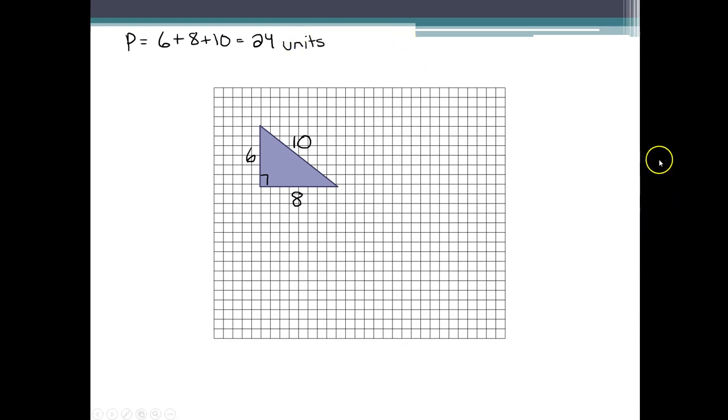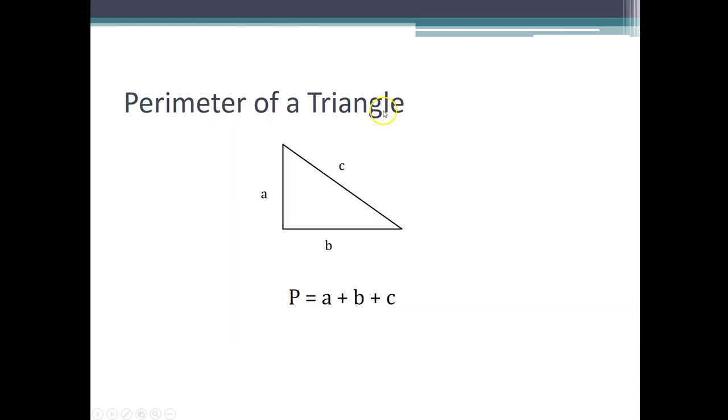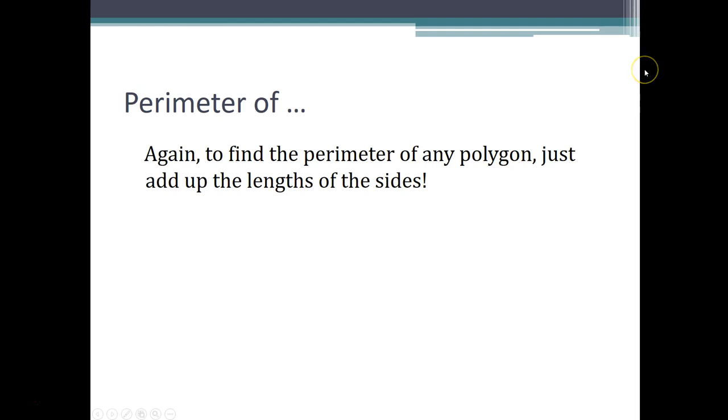And in fact, when you go to the next slide, perimeter of the triangle, they label the sides A, B, and C. It's A plus B plus C. So again, to find the perimeter of any polygon, that doesn't have to be a rectangle, square, or triangle, just add up the lengths of the sides and you're good to go.